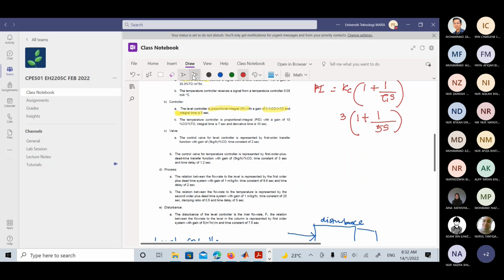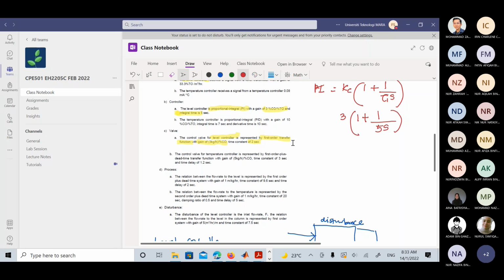Okay, so valve, apa information yang dia bagi untuk level controller? Alright, untuk valve represented by the first order transfer function with a gain of 3 kg per hour percent CO, and the time constant is 2 seconds. Alright, so how do we write down the transfer function for the valve? KV over time plus 1.